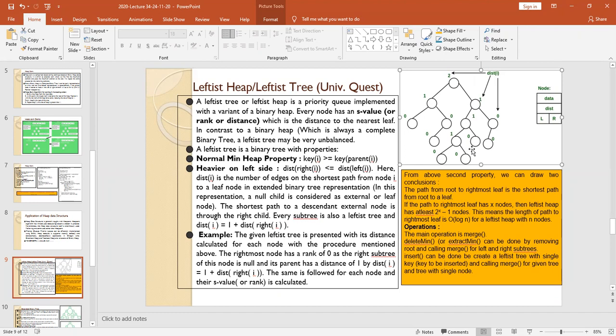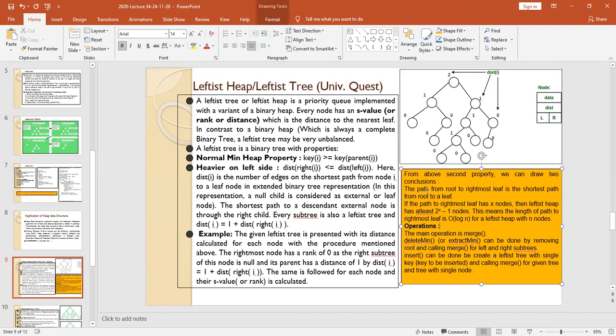Now, from the second property above we can draw two conclusions. The path from the root, which is 2 here, to the rightmost leaf is the shortest path from root to leaf. The rightmost leaf is this one or this one, because you have to go along the right part. This one is left, this one is left, this one is left. That's why we say it is the shortest path from root to leaf.